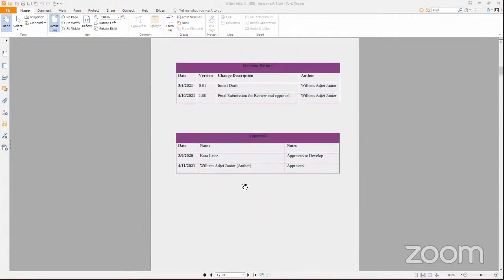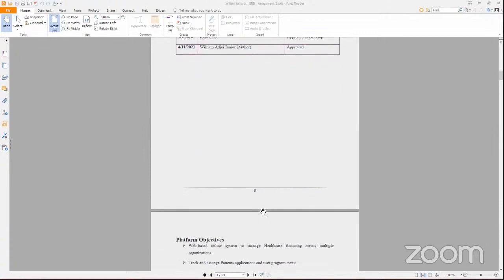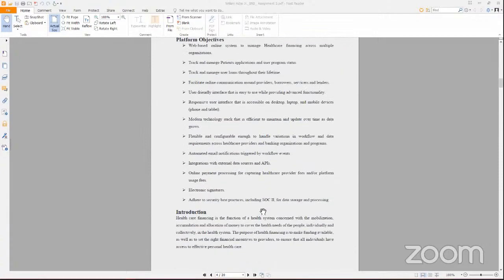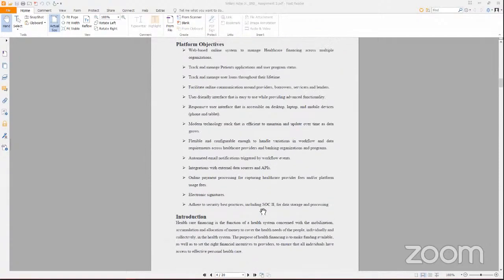So here we have the revision history and our approvals. First, we need to define the objectives of the platform, what the platform will do. This platform is web-based and seeks to manage and automate healthcare finance across multiple organizations.